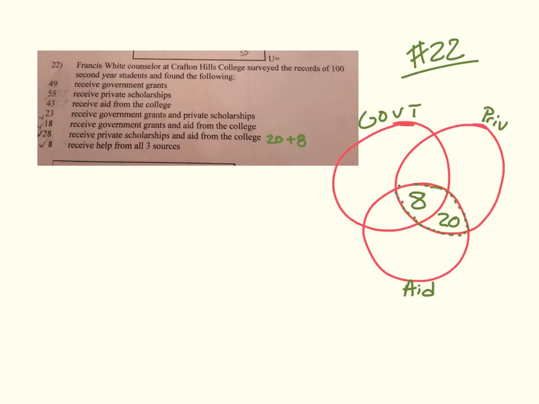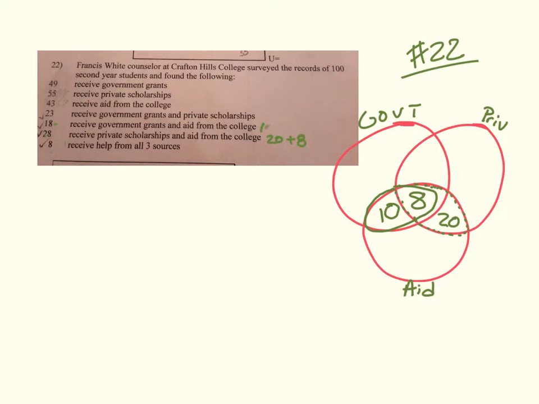Using similar reasoning, if you look at the 18 for receive government grants and aid from college, government grants and aid, we're talking about this overlap. And if there's 18 total, using similar reasoning, this would have to be 10.